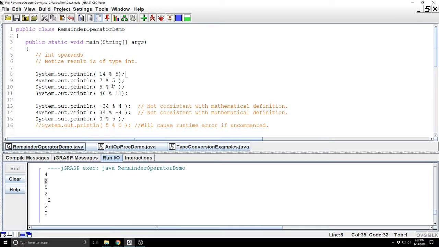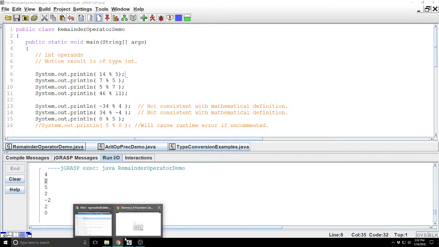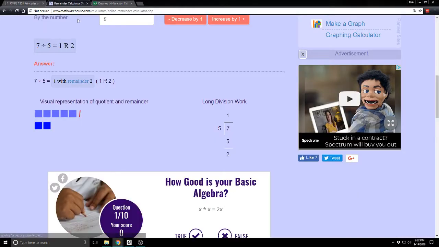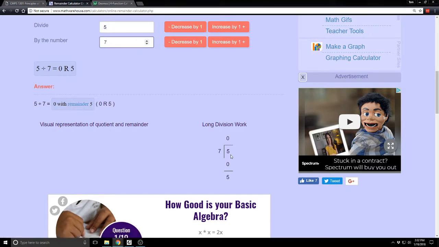The next one is 5 remainder 7. So 7 goes into 5 0 times, and then you're going to have 5 left over. By hand, it would be 5 divided by 7. 7 goes into 5 0 times. Put a 0 up there. 0 times 7 is 0. Put that here, subtract, and you get 5 as the remainder.